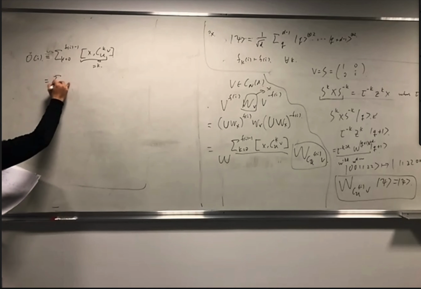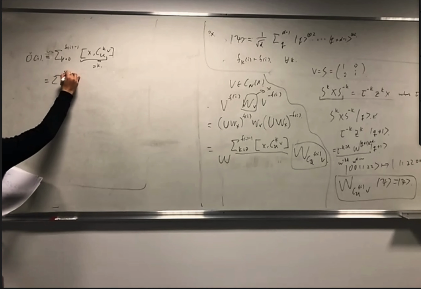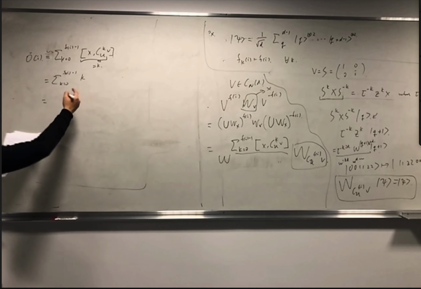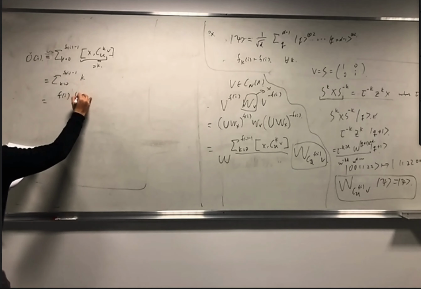So what you have is you sum up to k, and then you just sum it up in the normal sense.